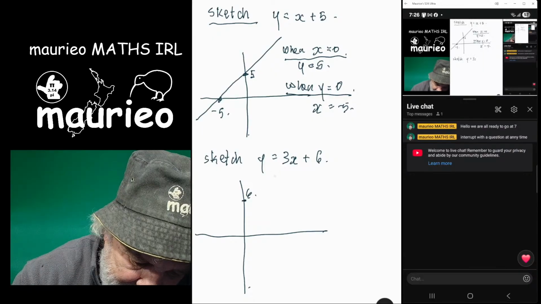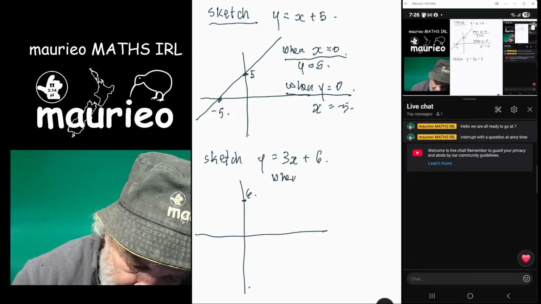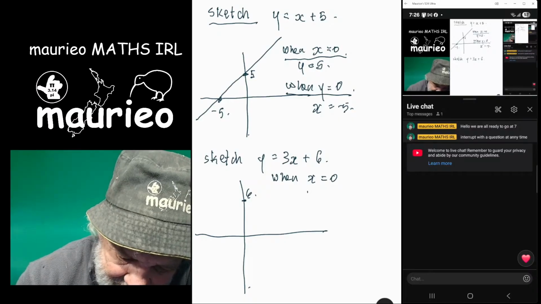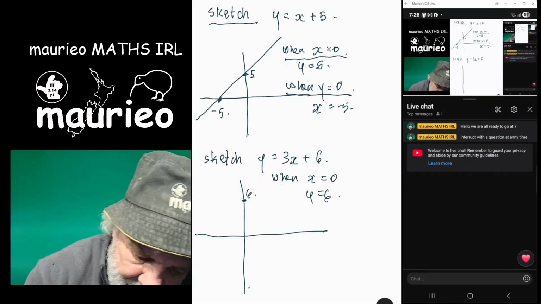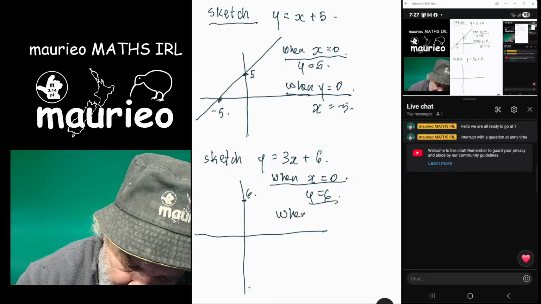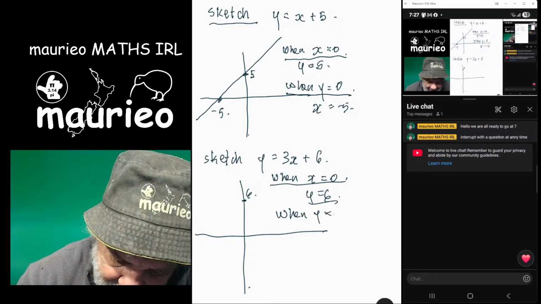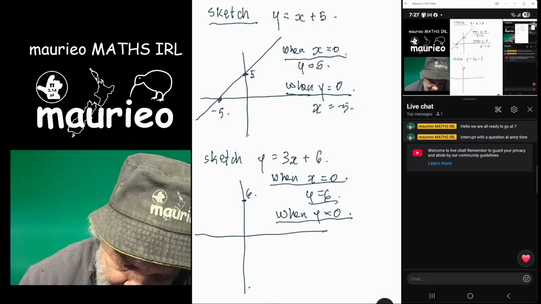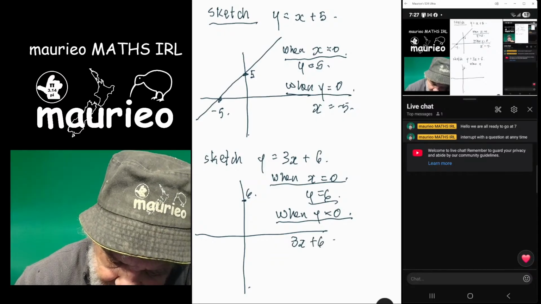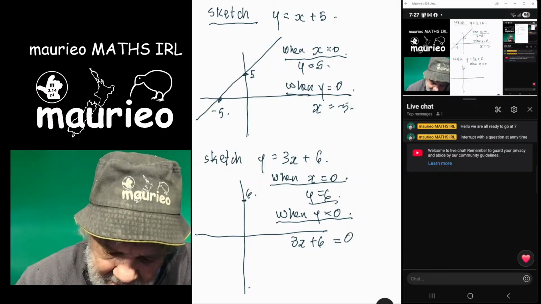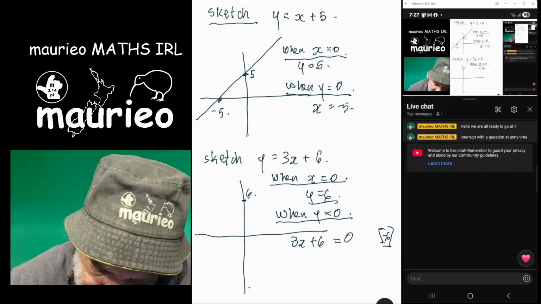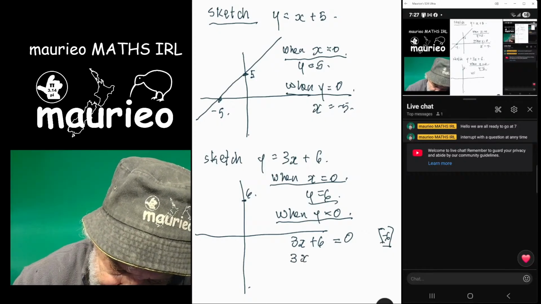When x equals 0, we can see that y equals 6. Now, when y equals 0, we could say 3x plus 6 equals 0. Take 6 off both sides.